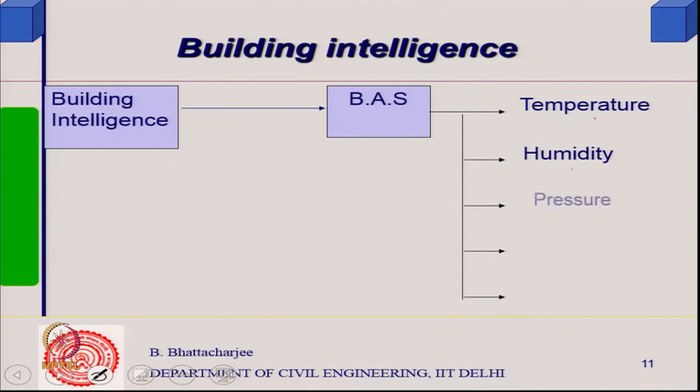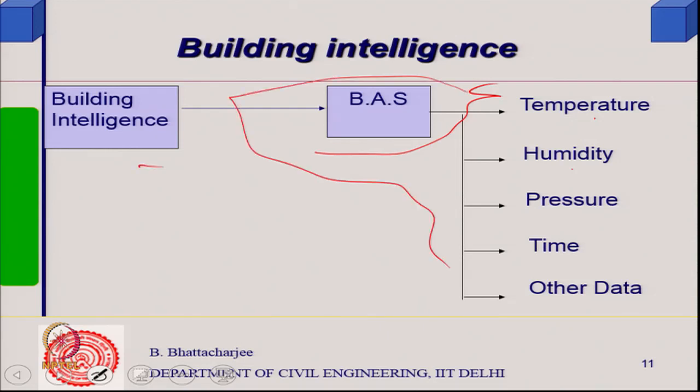Temperature, humidity, pressure, time, other data. So, for the building's active systems, temperature and data are all collected, and this is an integral part of an intelligent building.